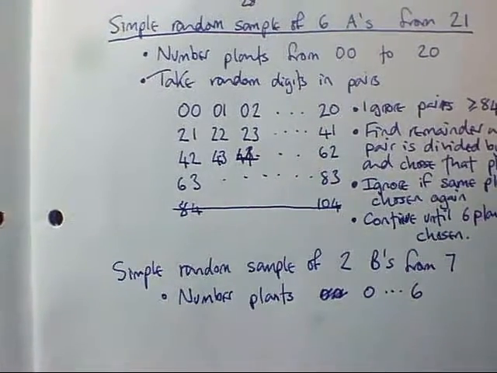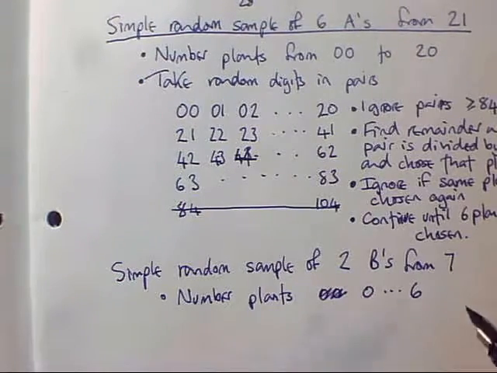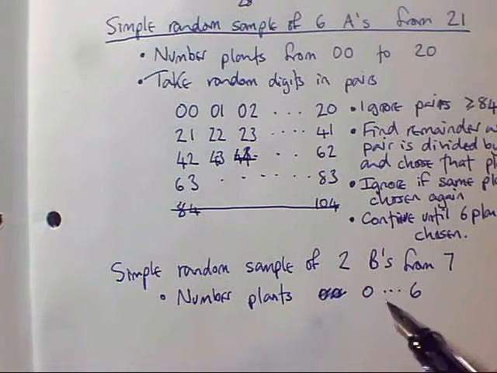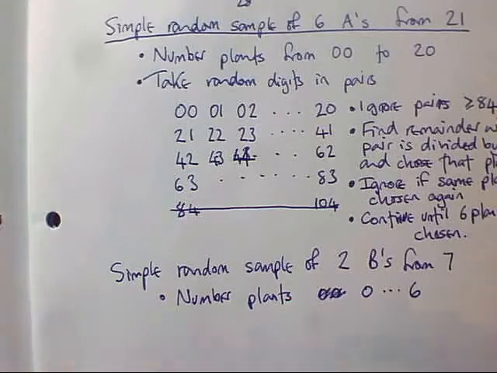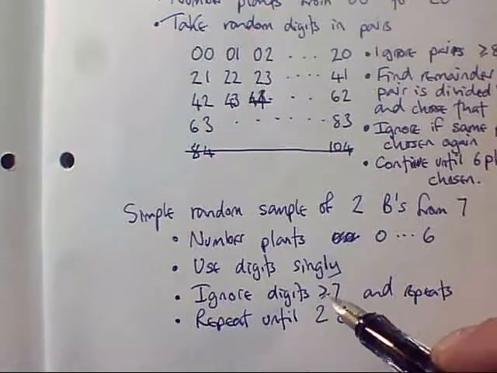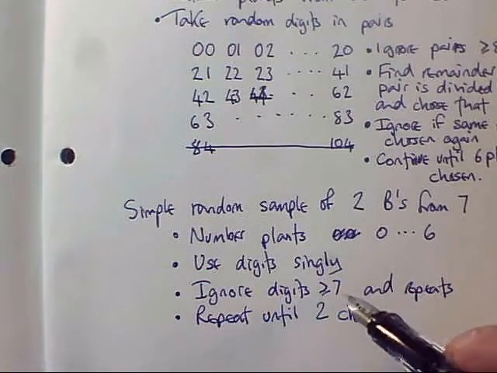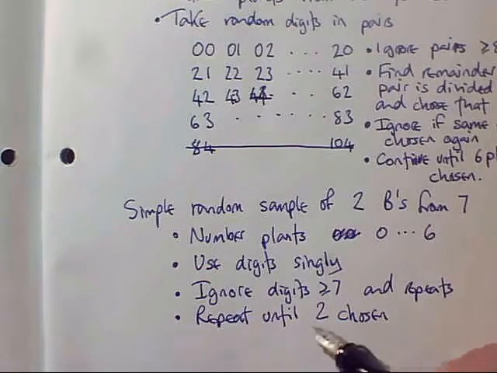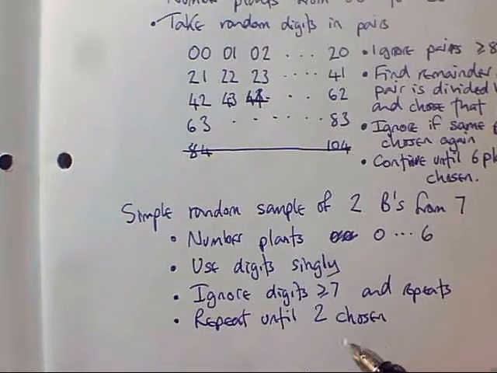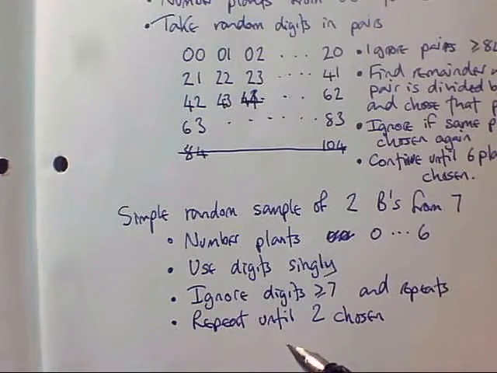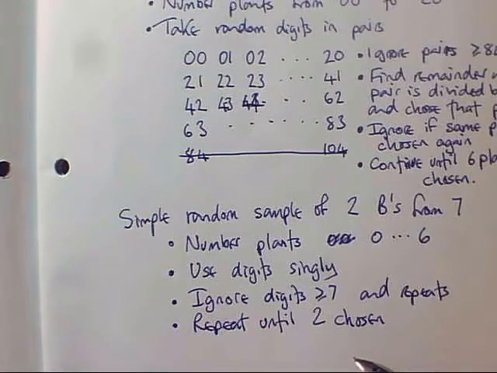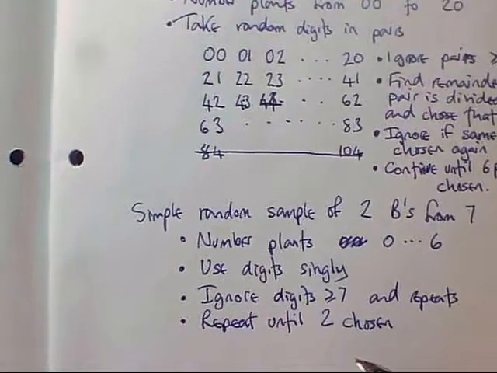And I'm going to just ignore anything of 7 and above. I don't need the remainder business because I can't use digits that way, as I'd go over 10. So ignore digits of 7 or more. Ignore repeats. Repeat until 2 plants are chosen. And so now I have selected my random sample of 8 from 28 plants. So I am done.